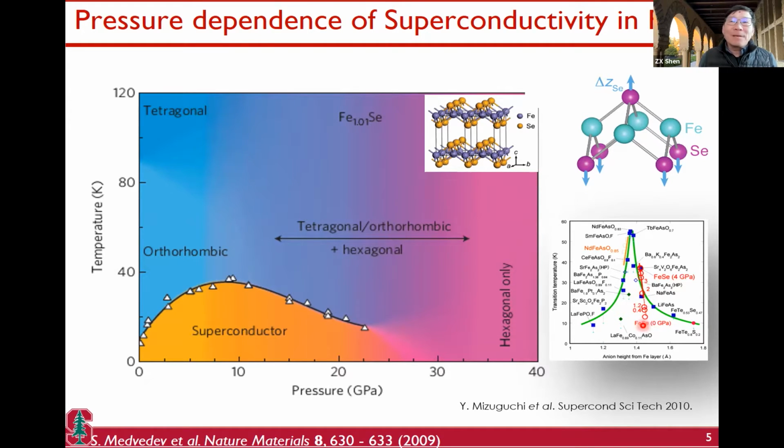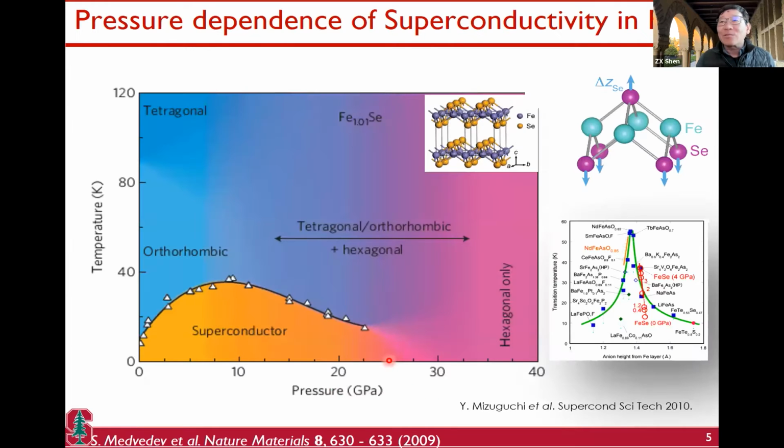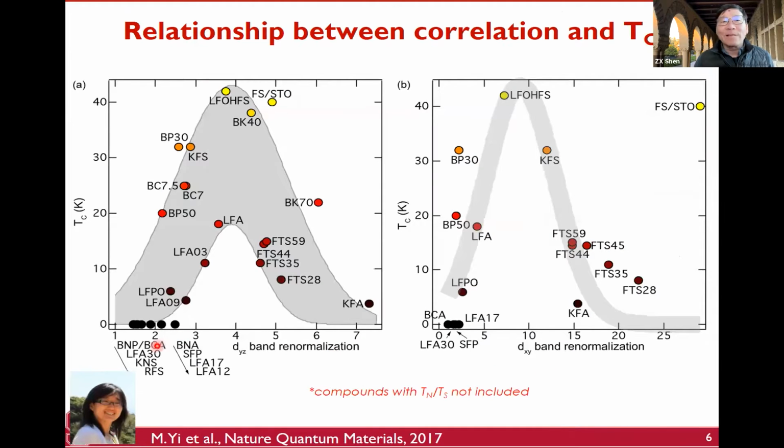Now, this reminds me about some of the work Mingyi did when she was doing her PhD. And you can see that there's a sort of reminiscence of this shape of the dependence of superconducting transition temperature. The horizontal axis is the bond normalization, the vertical axis is the superconducting transition temperature. For different orbitals, that's the XY, YZ, XZ, and this is the XY orbitals.